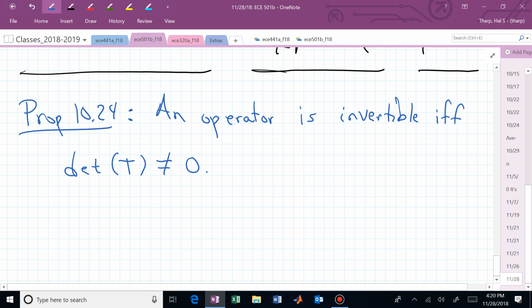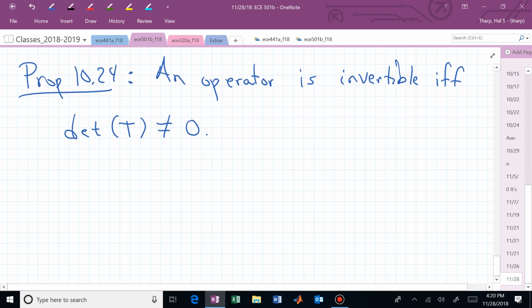Remember, the determinant is the product of the eigenvalues, and now we're saying if that product is not equal to 0, then that linear operator can be inverted. If we find that the determinant is equal to 0, and so we multiply all of those eigenvalues out and the product becomes 0, then we go, oh, we don't have an inverse if you were asked to find the inverse of that operator.